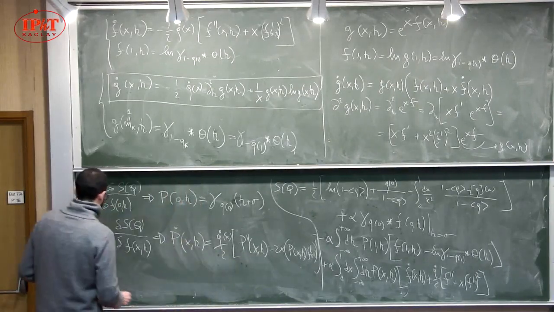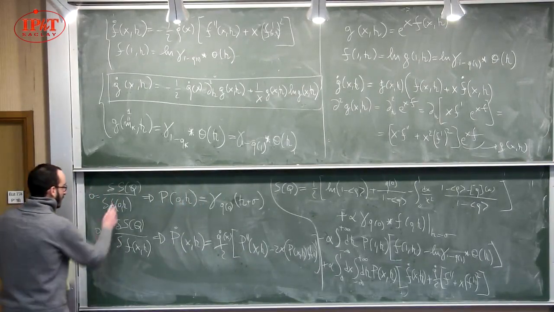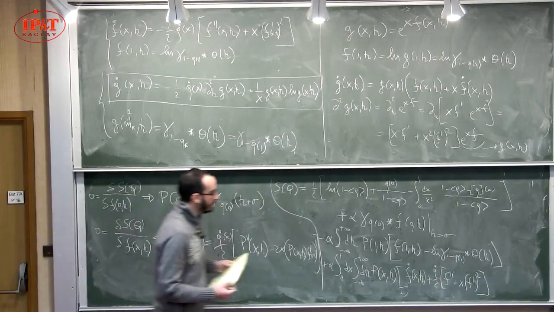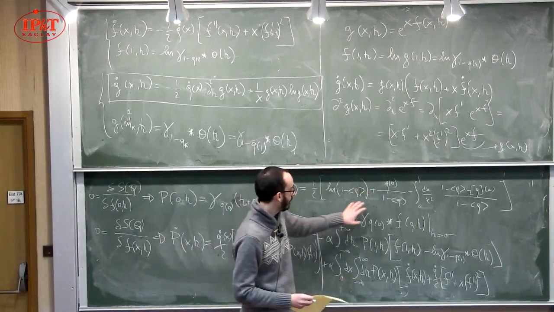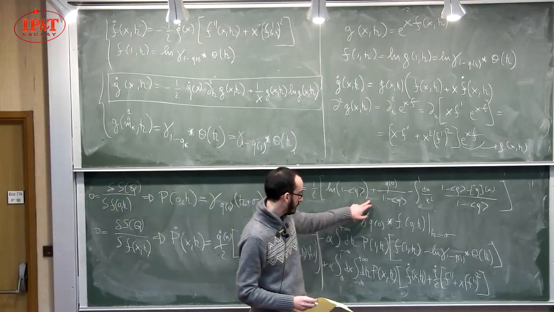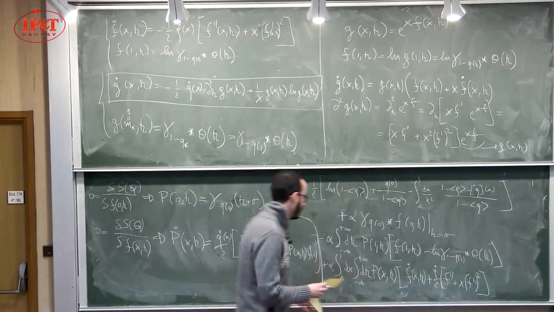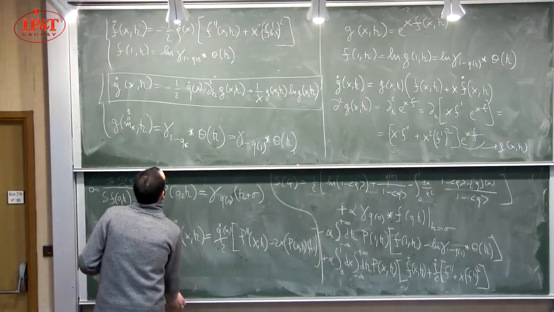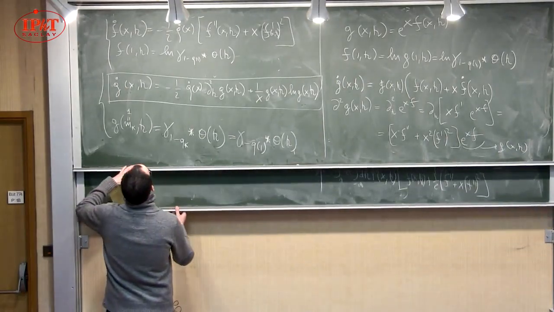Okay, so the last thing that we have to do is to take now the variational equation with respect to Q of x. So we will have the derivative of this term, and then we have Q of x appearing here.